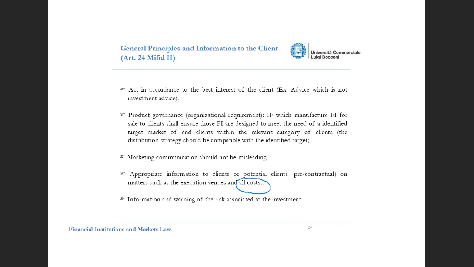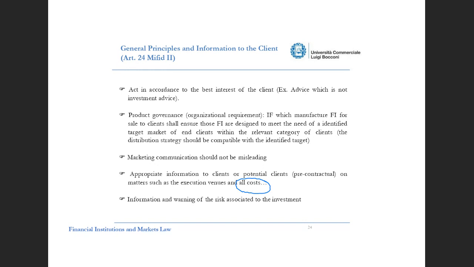But effectively, MiFID has really introduced new standards for this kind of transparency in relation to costs, and it now requires that clients are truly fully informed about all costs that are embedded or involved in the provision of investment services.